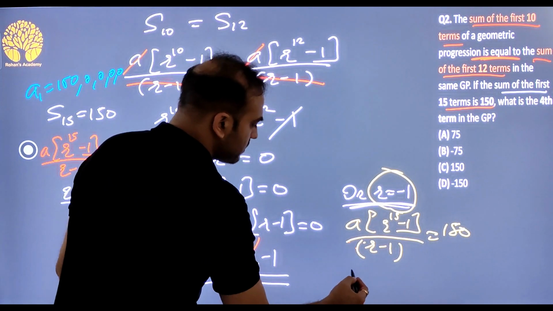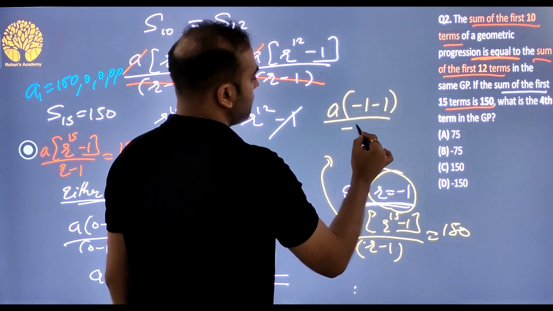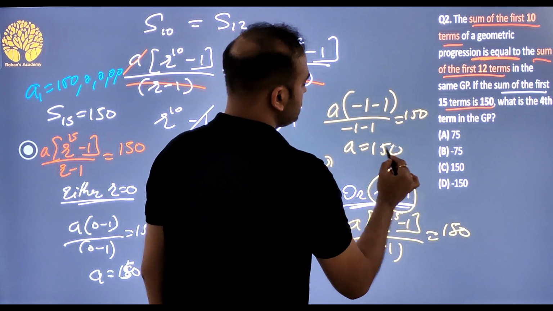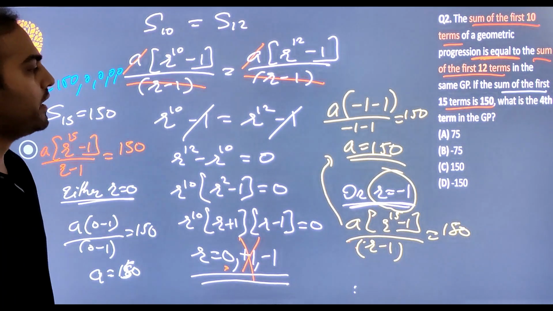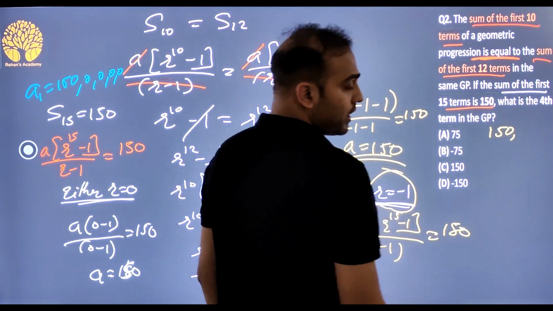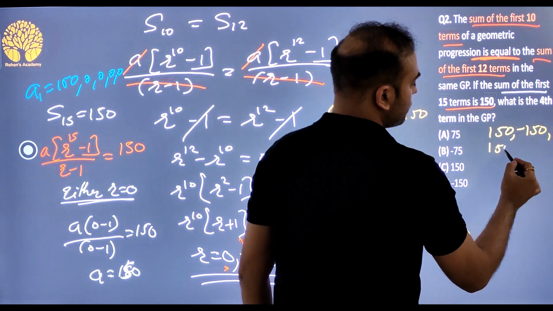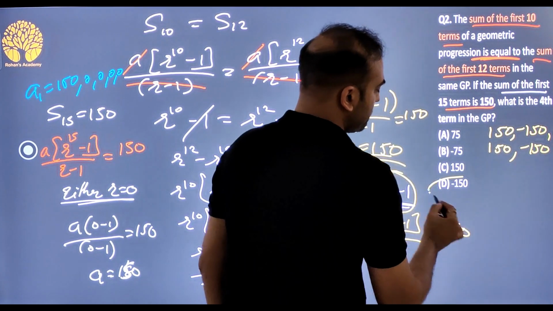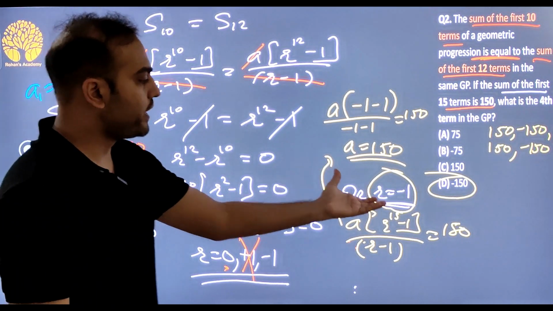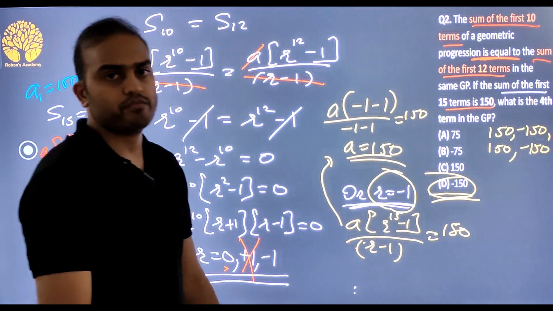If R is minus 1, A into minus 1 by minus 1 is 150. Again A becomes 150. So the first term will become 150, R is minus 1, so the second term will become minus 150, the third will again become 150, the fourth will again become minus 150. Since 0 is not an option, we have to take R as minus 1 and the answer becomes minus 150.